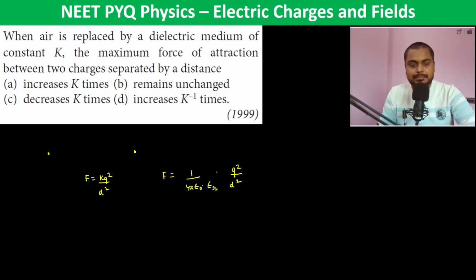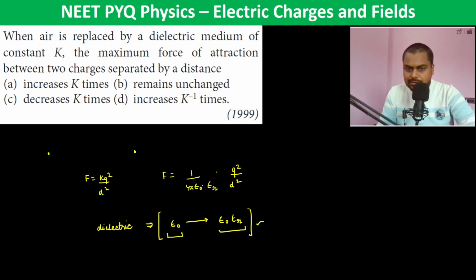So it's simple. Whenever the dielectric is used, anywhere where epsilon naught was there, you replace it by epsilon naught into epsilon r. This is the permittivity of the medium, and this is the permittivity of vacuum or air. So whenever a dielectric is there, do this. We have done this only.